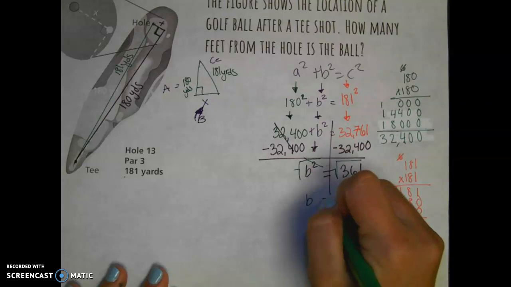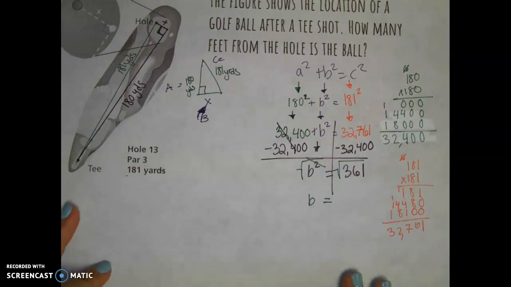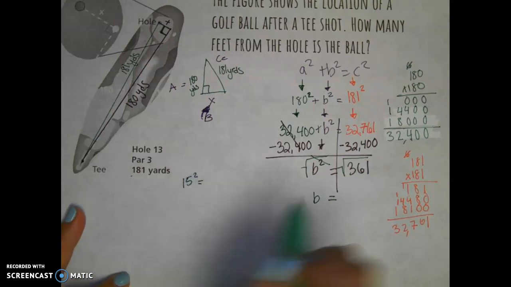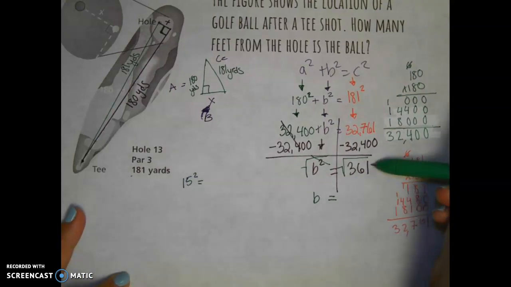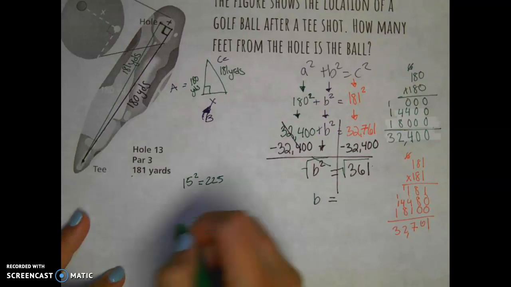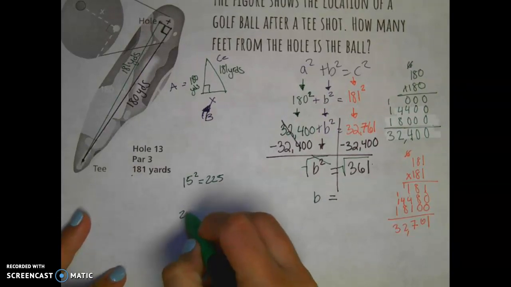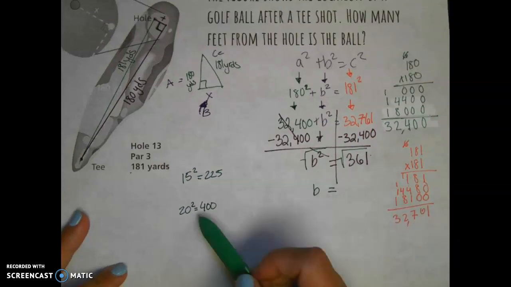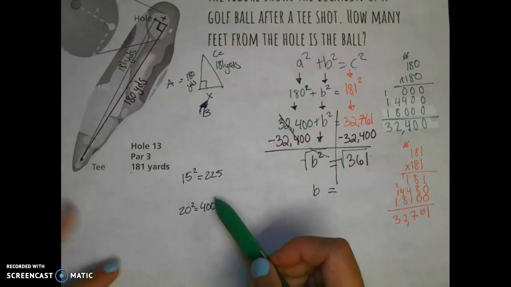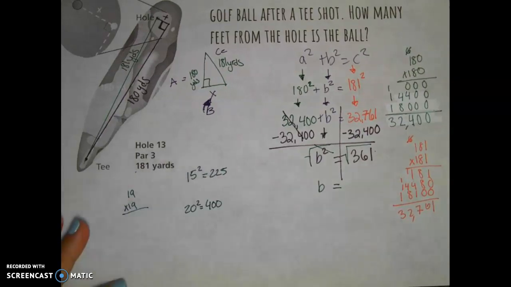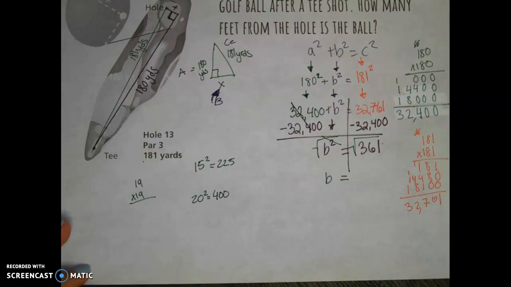I'm left with B equals. Now for this one, if you know what 15 times itself is, because remember, there needs to be a number multiplied by itself to equal 361. 15 squared is 225. Off the top of my head, I know that. I know that 20 times itself is 400. So I know that it's going to be pretty darn close to 20. So what I'm going to do is process of elimination. I'm going to multiply 19 times 19. Do that off to the side.